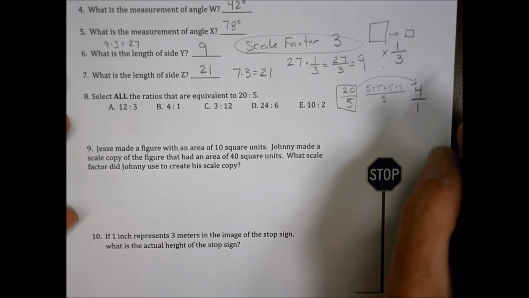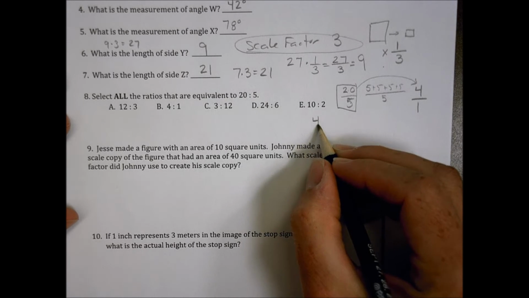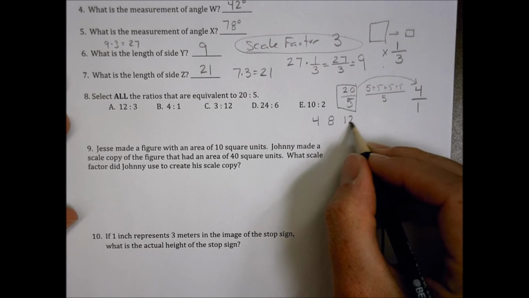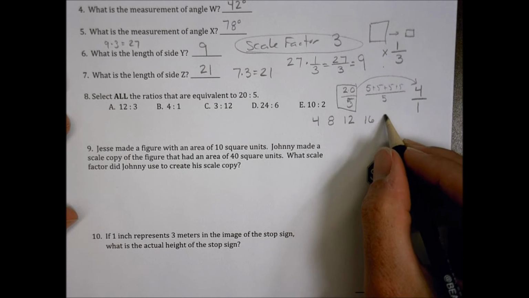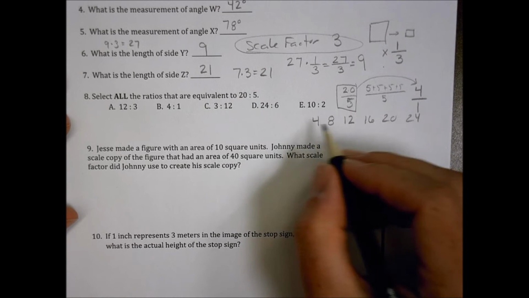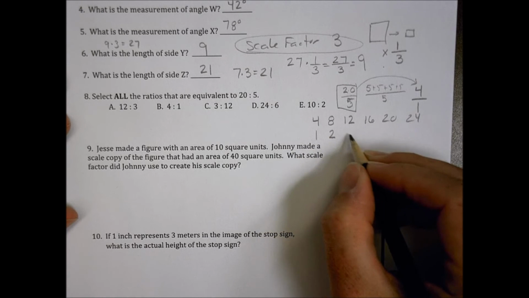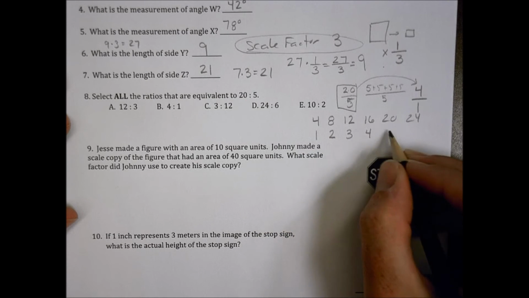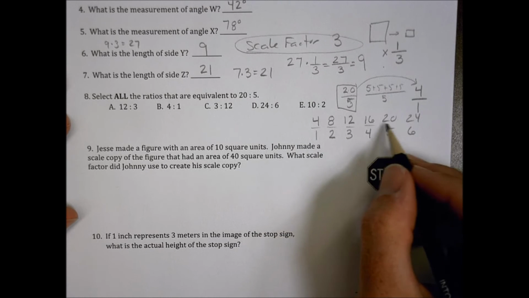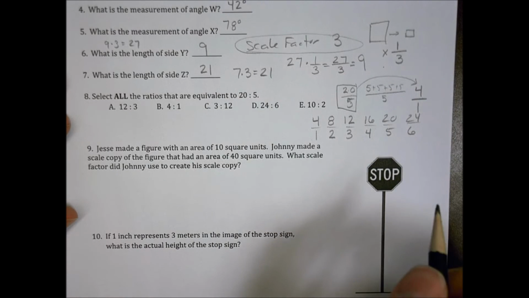Okay? So now think of it this way. I could think about my factors of 4. I have 4, 8, 12, 16, 20, 24. Those are all good multiples of 4, starting at 4. And it's 4 times 1, 4 times 2, 4 times 3, 4 times 4, 4 times 5, and 4 times 6 that allows me to get there. So I've just created 6 more ratios that are all equivalent to 20/5.